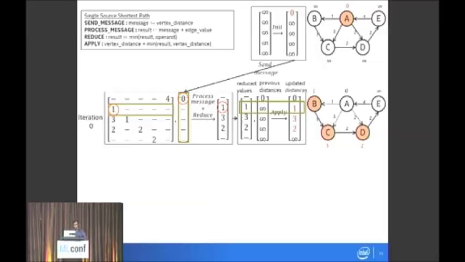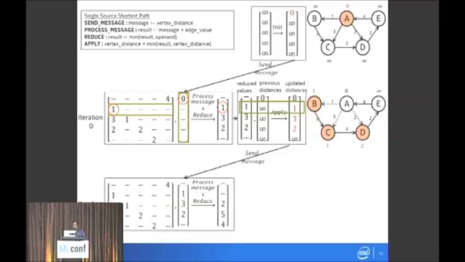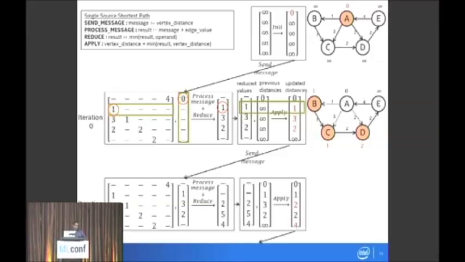What we are really doing is taking this message 0 from the vertex A, passing it along its out edges to B, C, and D, and B, C, and D figure out that there's a shorter path from A through this edge than what they had before, which was no path. So now they get to update their weights. This process continues until the whole algorithm converges.